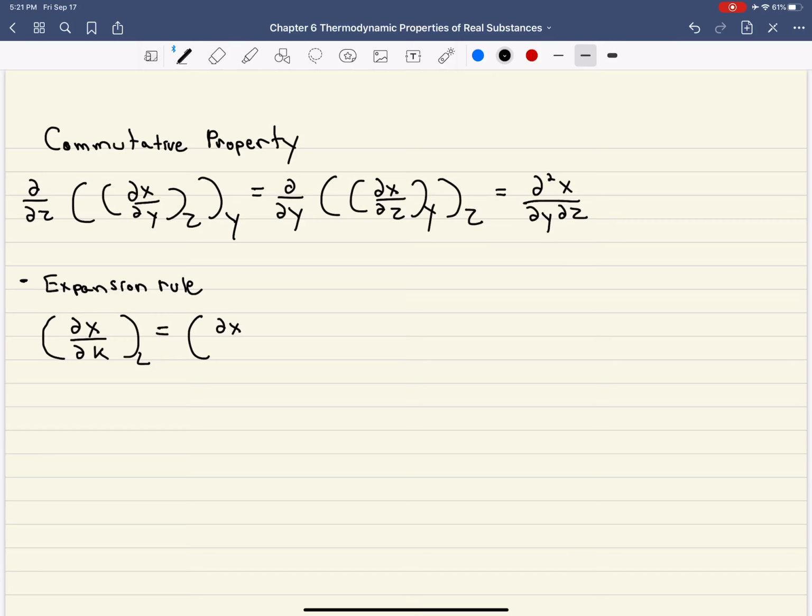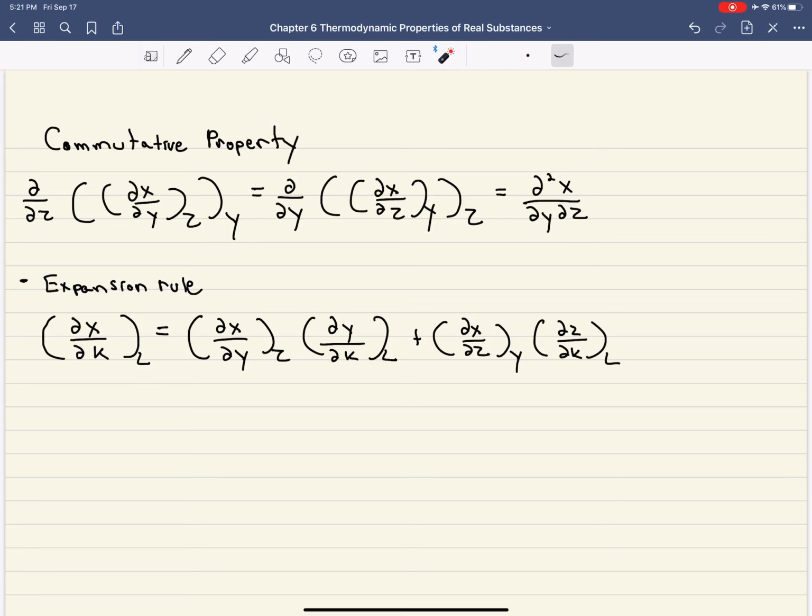So dx dk at constant L is equal to dx dy at constant z, dy dk at constant L, plus dx dz at constant y, dz dk at constant L. And the idea here is essentially we're just expanding it out, multiplying it by 1 essentially.